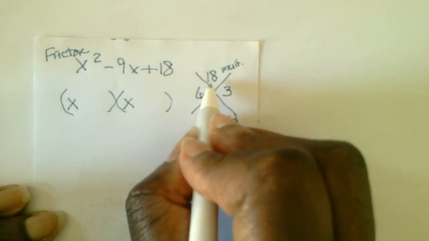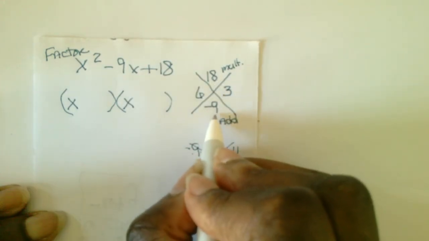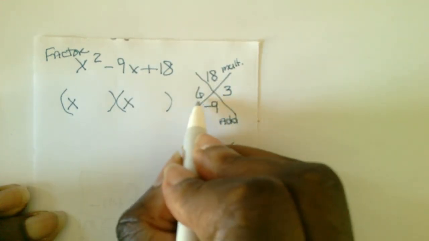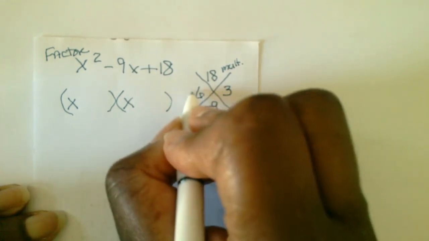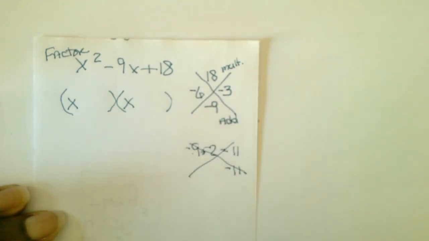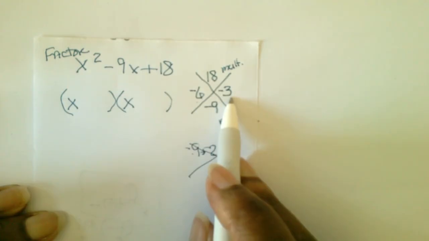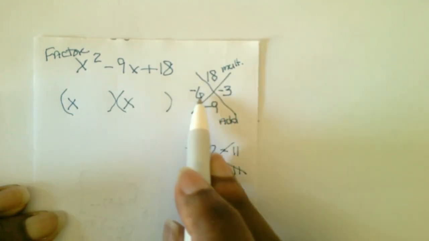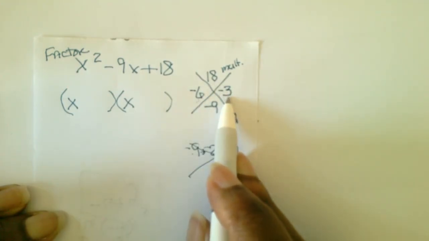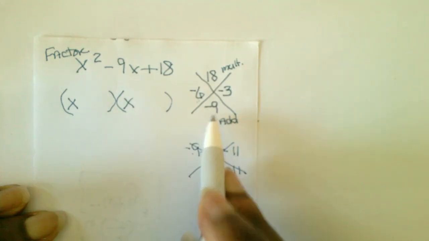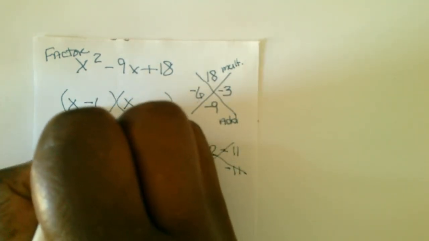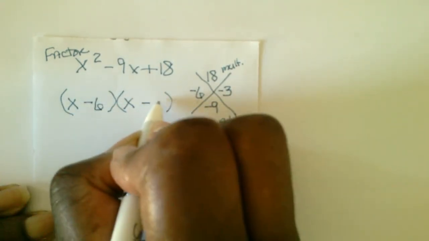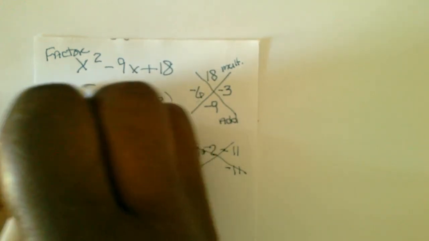Since the product is positive but we need a negative sum, both of these numbers have to be negative. So negative 6 times negative 3 gives me positive 18, and negative 6 plus negative 3 gives me negative 9. So I'm just plugging in my negative 6 and my negative 3.